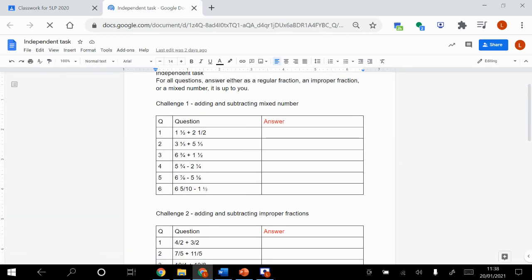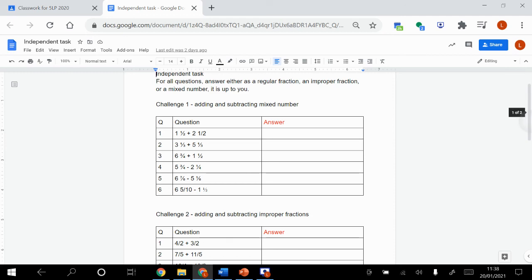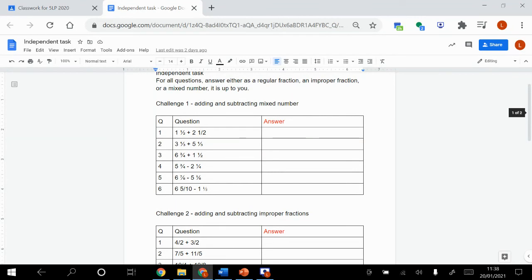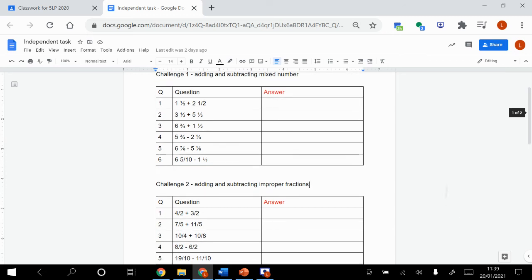So you can see that for the most part, the denominators are the same. If they're not the same, they are multiples of each other. Feel free to go back and watch the necessary bit of the video if you need to remember how to convert things. It's just 6 questions for you to answer there.